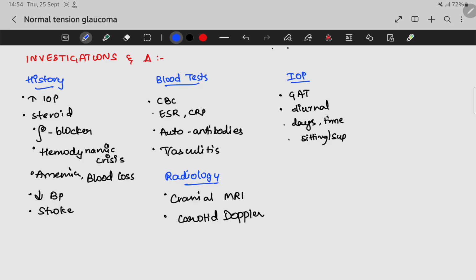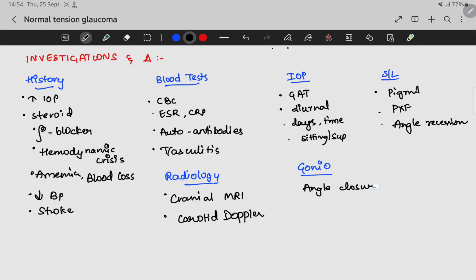All these variations we have to look at, and on slit lamp we have to rule out other causes of open angle glaucoma like pigment dispersion, pseudoexfoliation, and angle recession. Then in gonioscopy, we need to look for any angle closure, recession, and pigment dispersion.